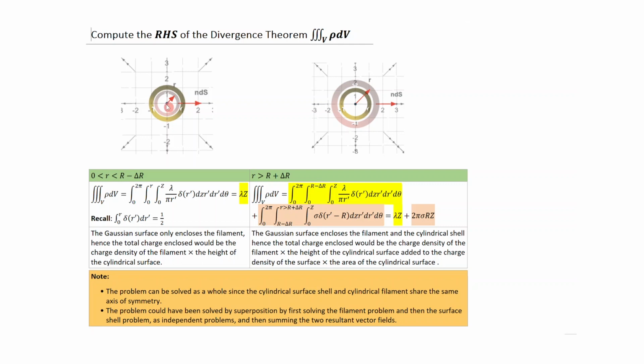We've already determined what that is for a filamentary discharge. It's the term that we see here, which is lambda over pi r prime delta r prime. And we're integrating this from 0 to r, but r is up to R minus delta R, that is the inside of the cylindrical shell.